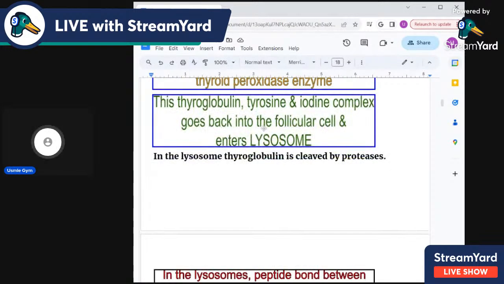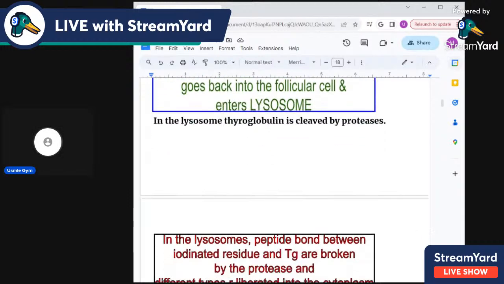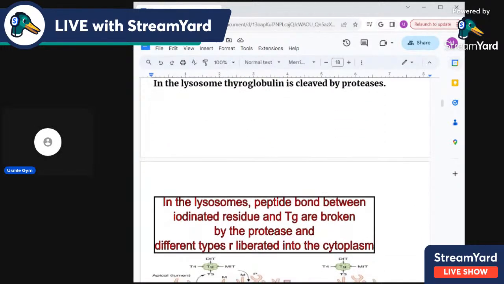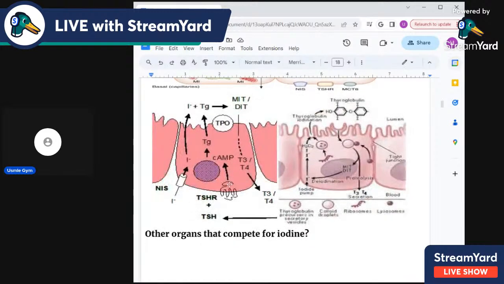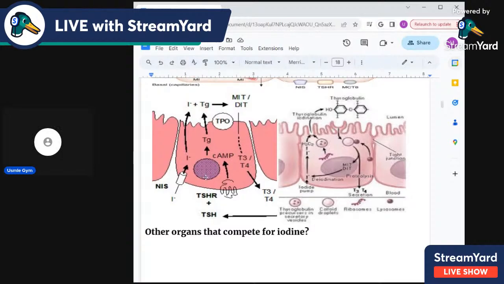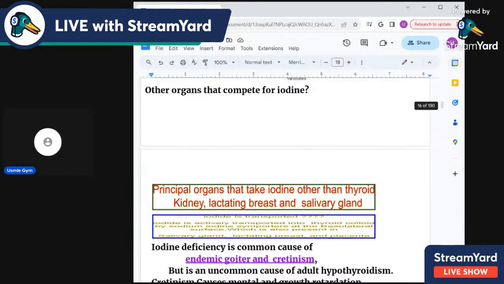Into the cell, the lysosome, we discussed. In the lysosome we have protease that breaks the bond between the thyroglobulin and the thyroxine. And this is the TSH receptor here, where TSH attaches and stimulates the sodium iodide symporter. Then iodide is converted to iodine.